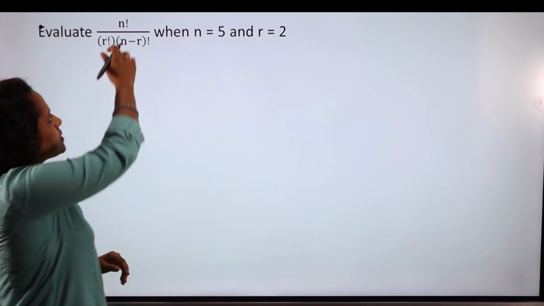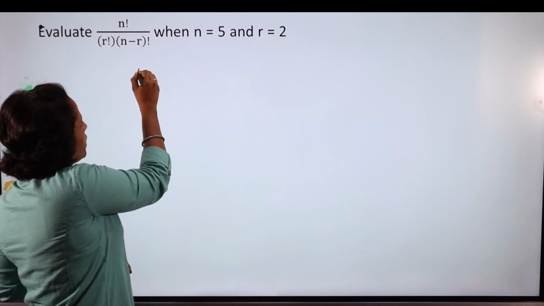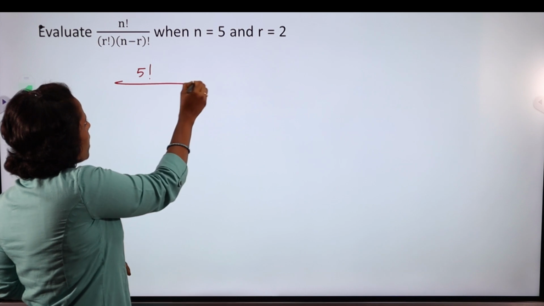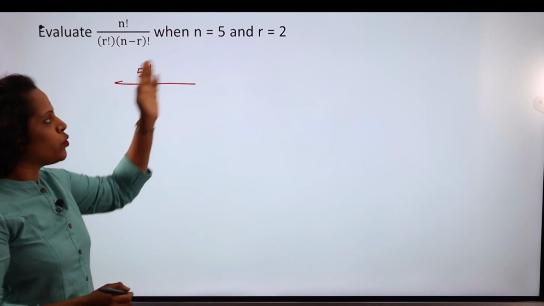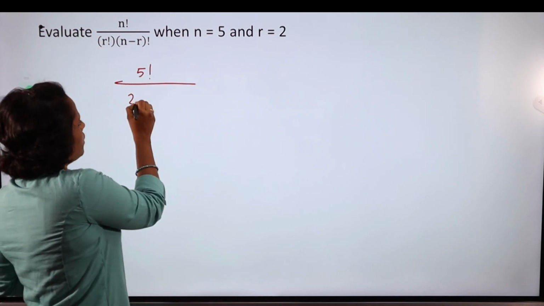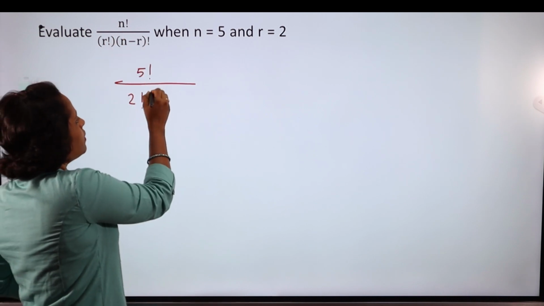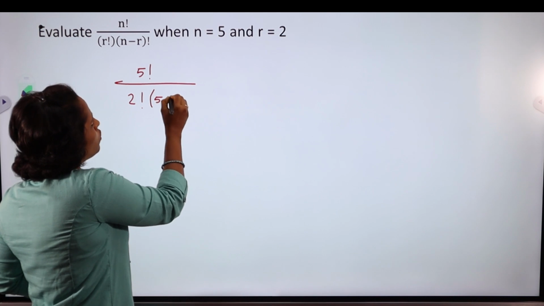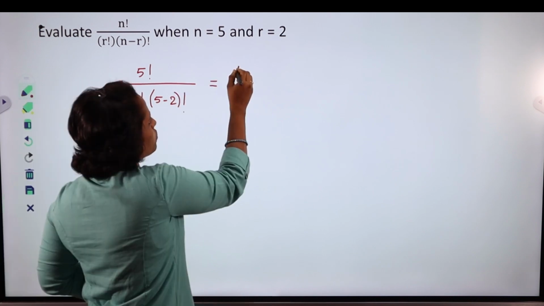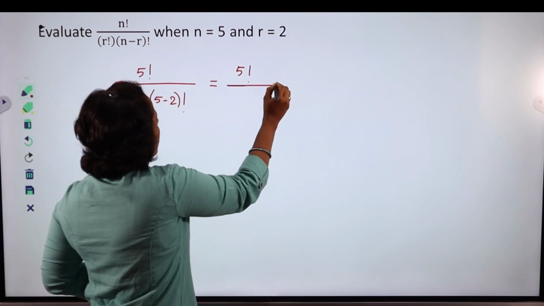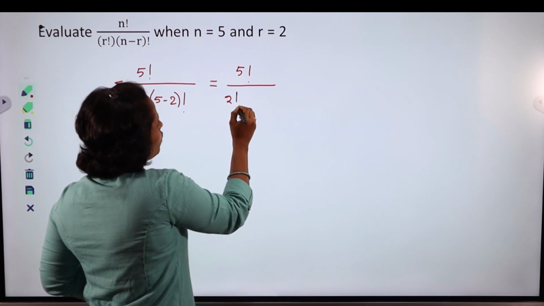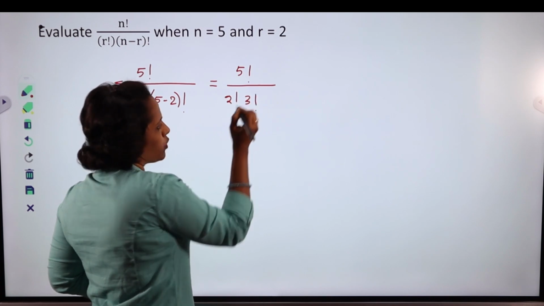So n factorial is 5 factorial, divided by r factorial, which is 2 factorial, into n minus r, which is 5 minus 2 factorial. That equals 5 factorial divided by 2 factorial into 3 factorial.